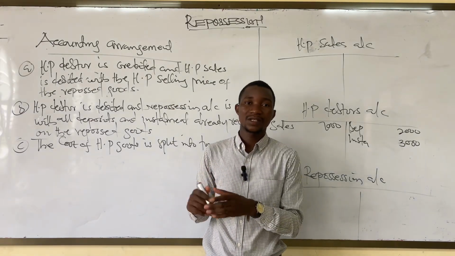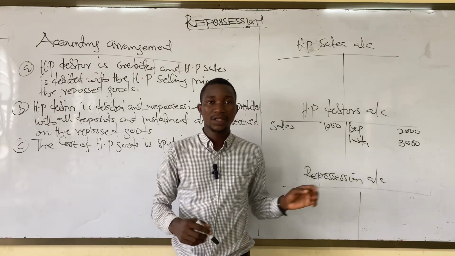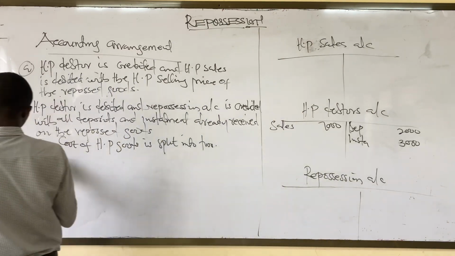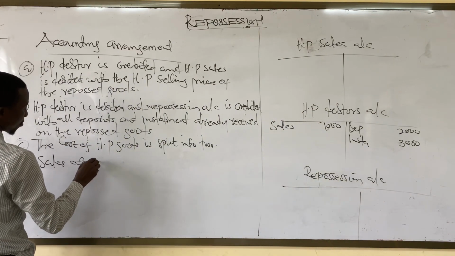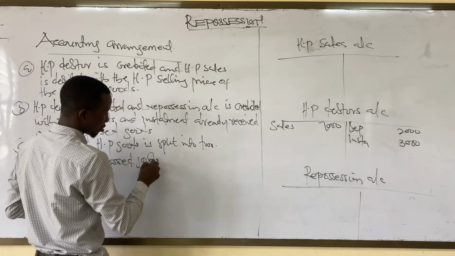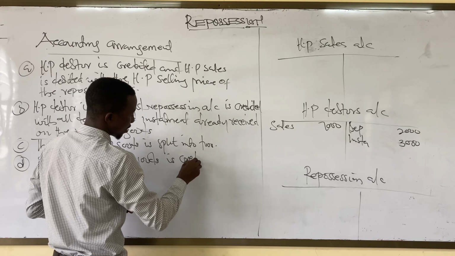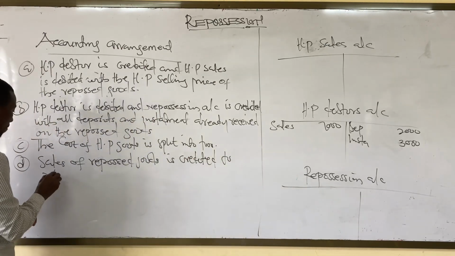So the fourth accounting arrangement is that the sale of the repossessed goods is credited to repossession account.